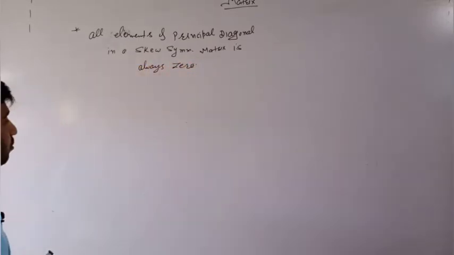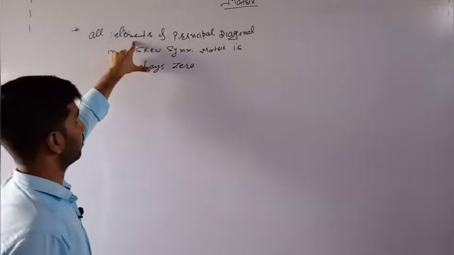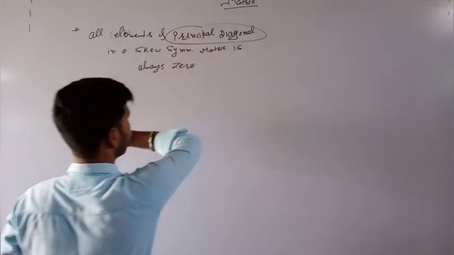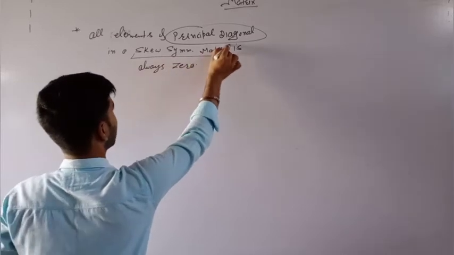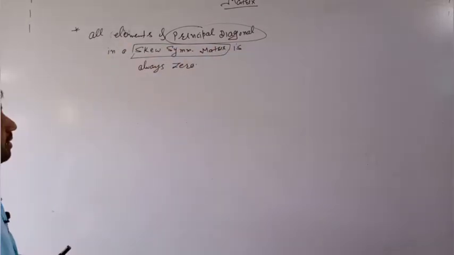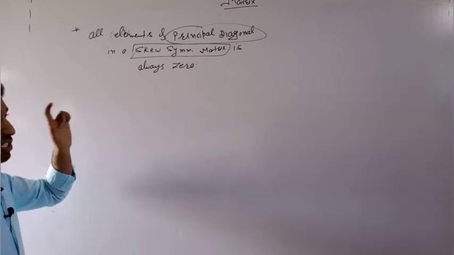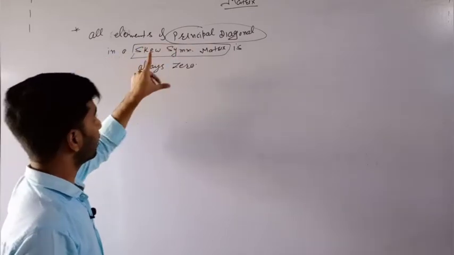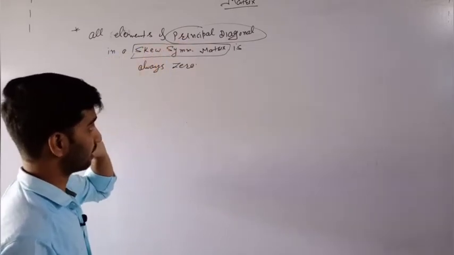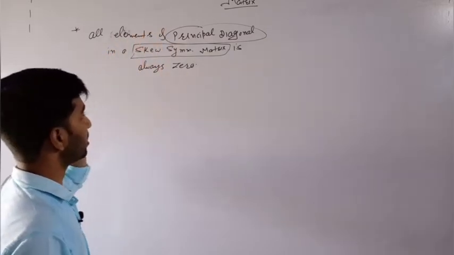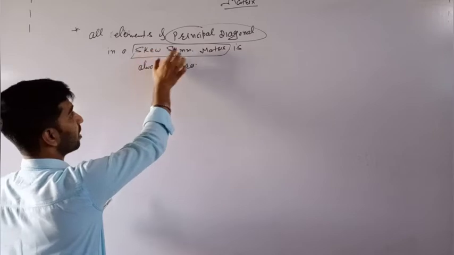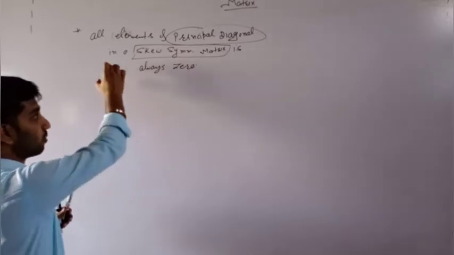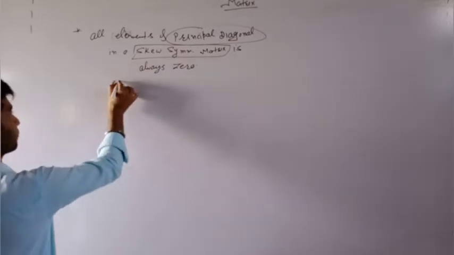Now let's discuss that all elements of the principal diagonal in a skew symmetric matrix are always 0. It is clear that if a matrix is skew symmetric, then the matrix is also a square matrix. Skew symmetric must be square, and if it is square there will be a principal diagonal. So in a skew symmetric matrix, all the elements of the principal diagonal are always 0.